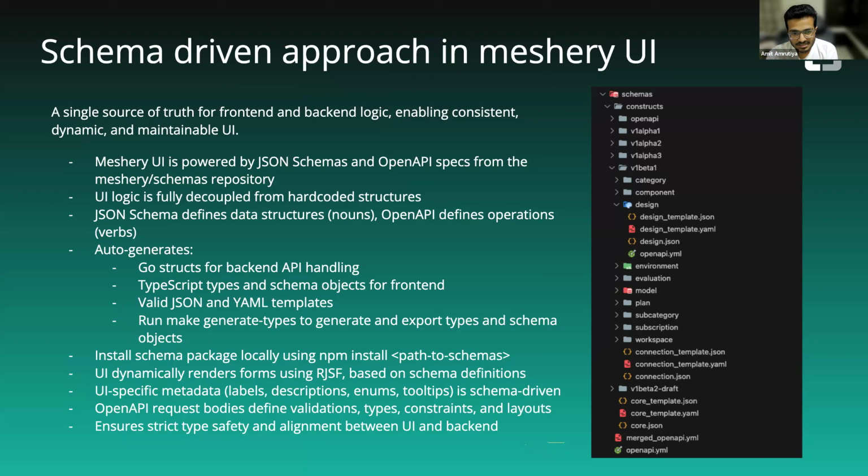So our Meshery server will consume that Go code and do the operations on it. And the TypeScript is used for having type safety with the front end, and it also generates the objects so we can be schema driven in the UI. So we have a script that runs in the schemas repo and it will generate those types.